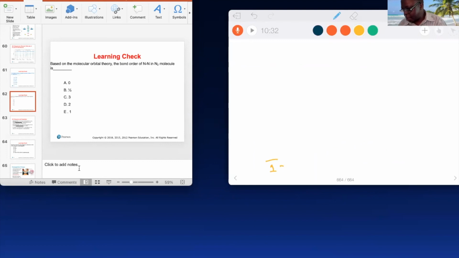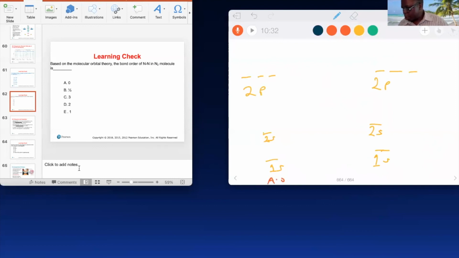So if I have 1s, 2s, and then 2p. 1, 2, 3. I'll do the same thing for 1s. So I have here, and then 2p, and 2s, and then 2p here. 1, 2, 3. So for each nitrogen, this is atomic orbital.